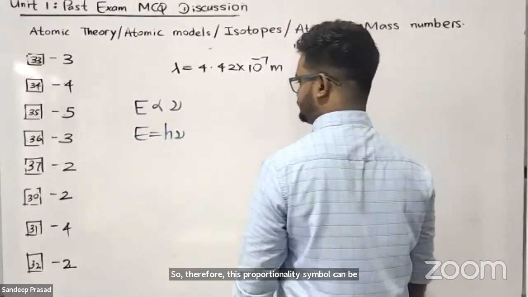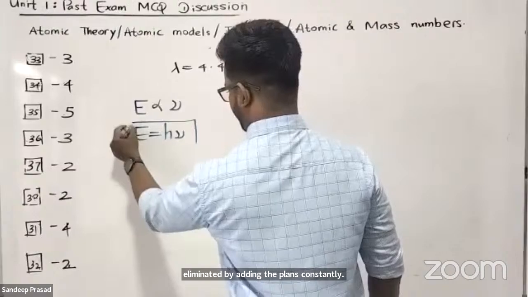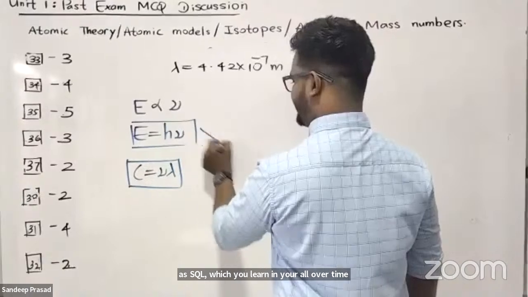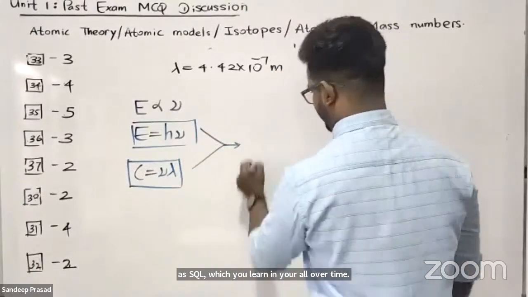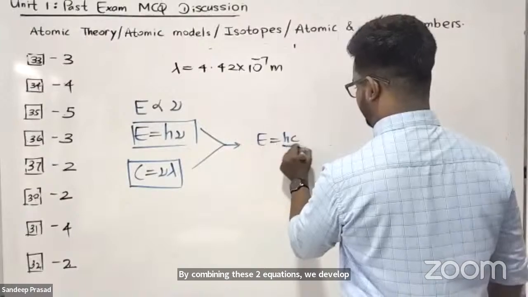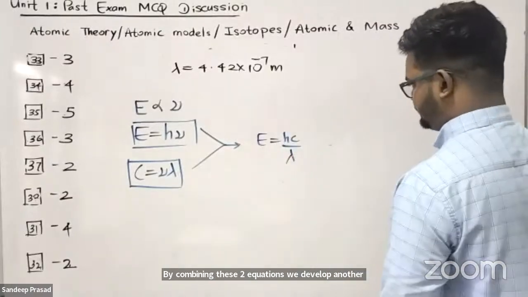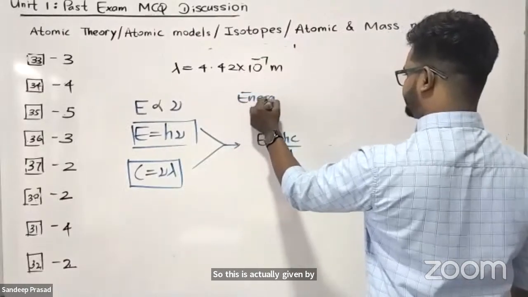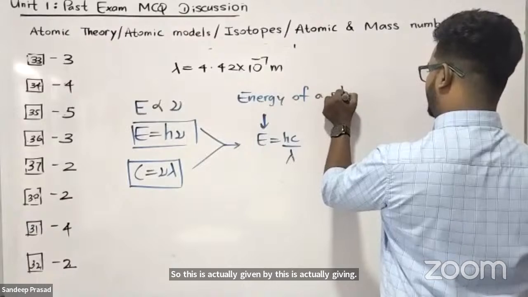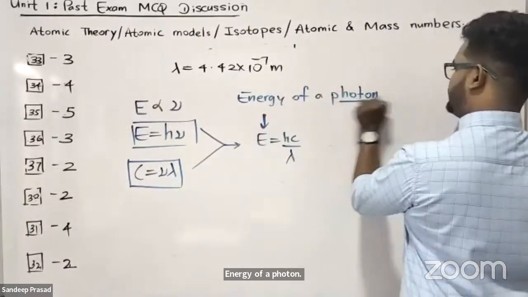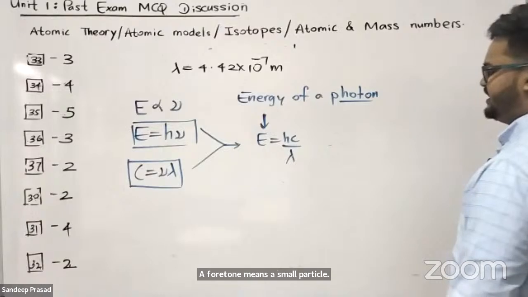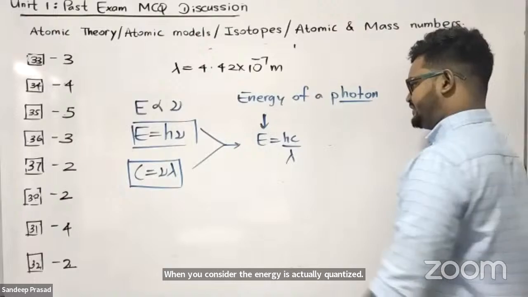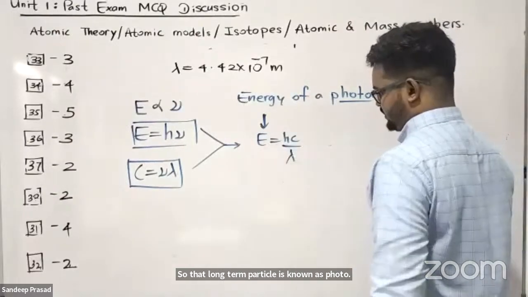Then we have another equation, c = ν λ, which you learned in your O-level times. By combining these two equations, we develop another equation, E = hc/λ. Understood? This is giving the energy of a photon. A photon means a small particle. When you consider that energy is quantized, that quantum particle is known as a photon. Energy of a photon is given by E = hc/λ.